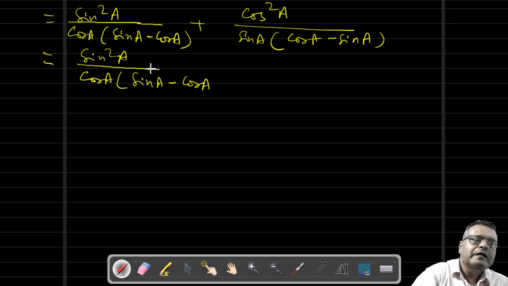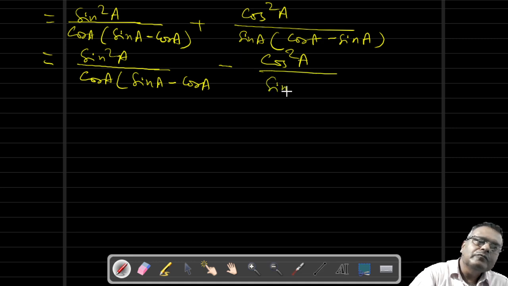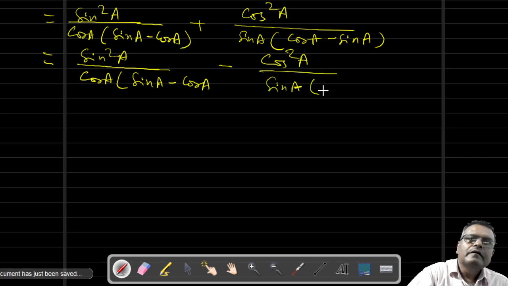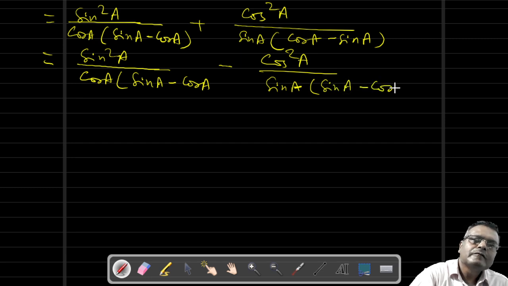This plus will become minus because from here you are getting cos A minus sin A; from here minus common you are taking, that minus into this plus is minus. You are getting cos square A divided by sin A into (sin A minus cos A).